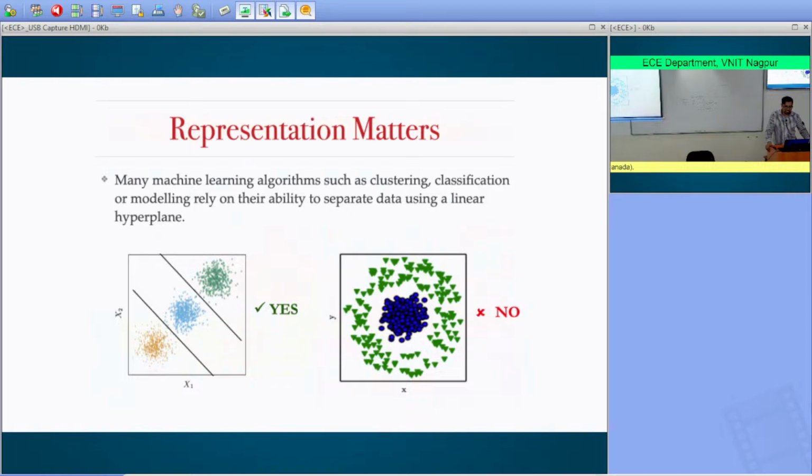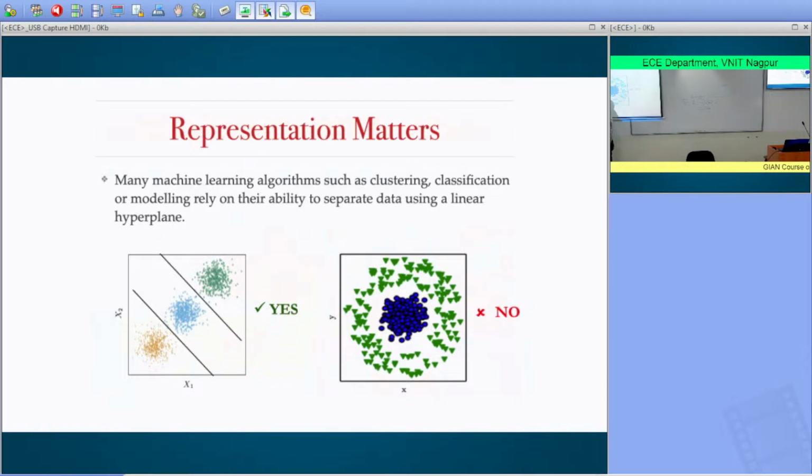On the left-hand side, you have a classification problem where there are 3 different data sets. If you want to classify these data sets, you will have to come up with these straight lines that separate these different data sets. Okay. Now, I mean, it's not very obvious, but there are many different ways in which you can separate these 2 data sets.